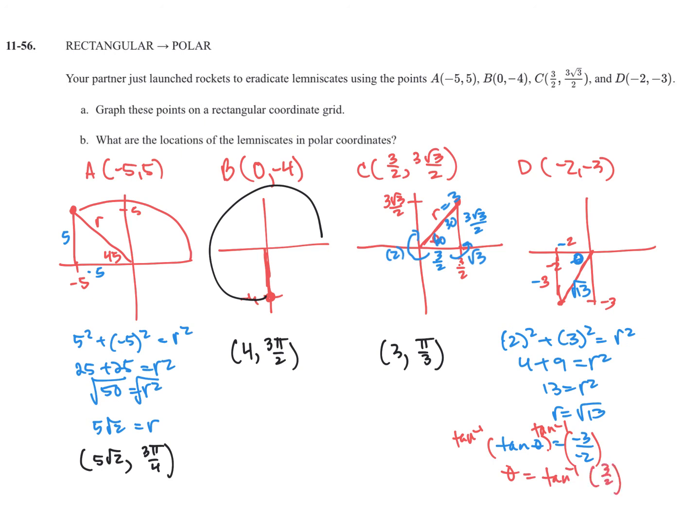Now, ladies and gentlemen, that's for this angle only. How much more did I need? I need pi more. So when I write this, here is my radius, the square root of 13. And then I have my tangent inverse of 3/2, but I have to add pi to it to get to this angle of rotation all the way around here. Let me draw it in a different color. It's coming from here to here. So I have to have the pi plus that tan inverse of 3/2.